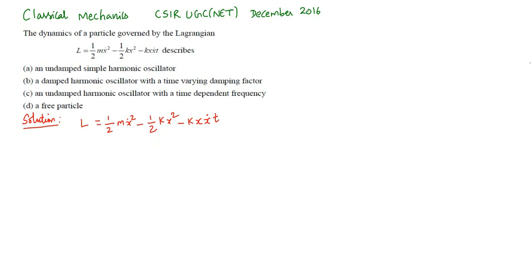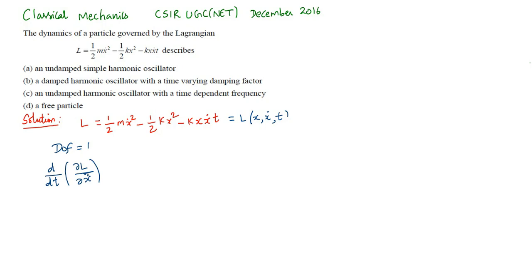Now what is the function? The Lagrangian here is a function of x, x dot and also t. This is a one degree of freedom problem. Therefore the equation of motion is d by dt of partial L by partial x dot minus partial L by partial x is equal to 0, because x is the generalized coordinate and x dot is the generalized velocity.